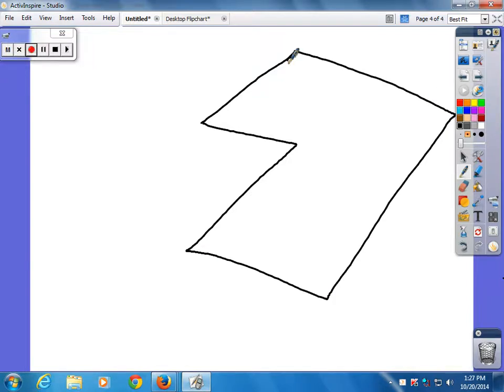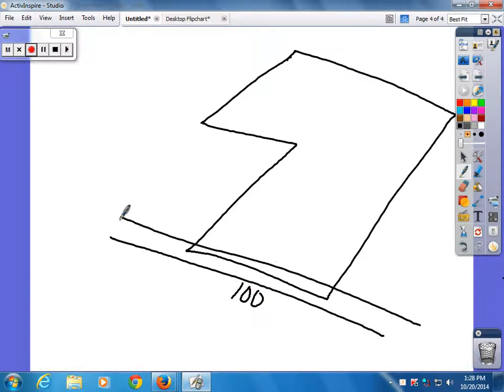Let's say this is 110 feet or 100 feet on the road, and somebody else's house is right here, but you bought this piece of property, and this is 200 feet, and this is 100 feet, and this is 150 feet, and this is 300 feet, and of course this is 250, 200 plus 150 is 350.